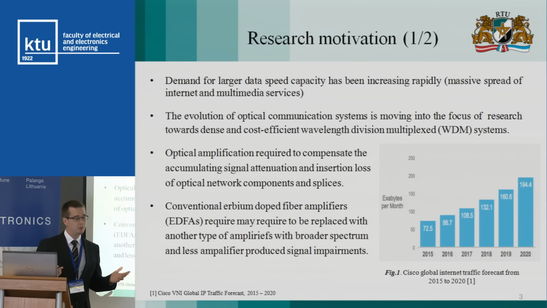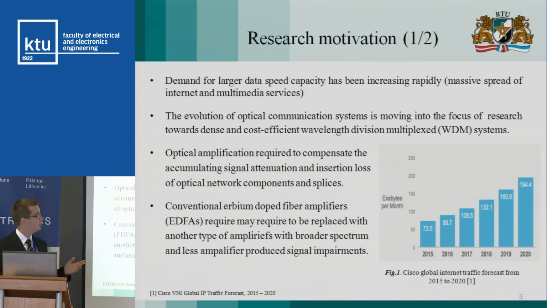The conventionally used erbium doped fiber amplifiers, if this trend continues, will require replacement, as wider bandwidth will be used in future for transmission of the optical signal. Therefore, elements with higher optical insertion loss will be used, and we need higher levels of amplification also.